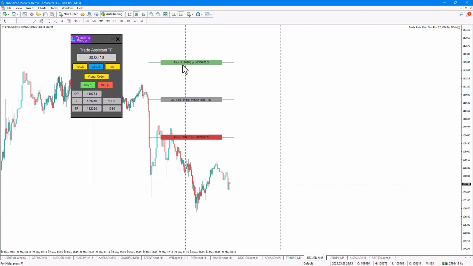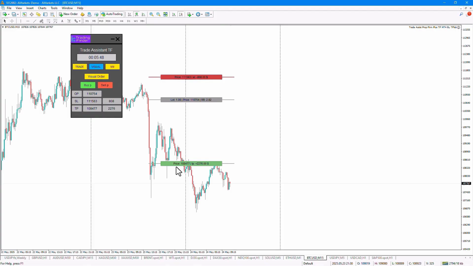With this tool, we can easily set the risk to reward range, where we can see the entry point, trade volume, entry price level, and the risk to reward ratio. In the stop loss section, which is marked in red, you can see my stop loss price and the amount of loss if the price reaches this level.